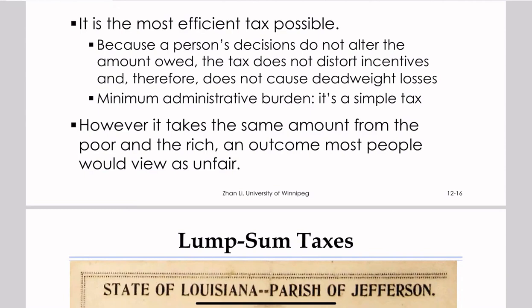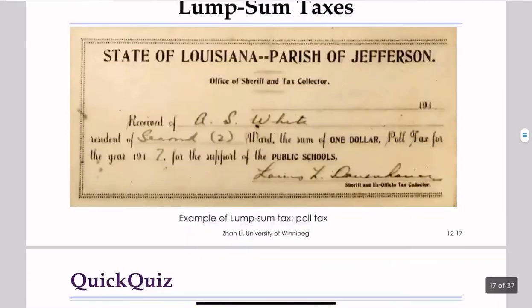Because if a guy has $1 million, you charge him $400 as tax. And then another guy has only $1,000. Then you will still charge him the same $400. So you can see that this seems quite unfair.